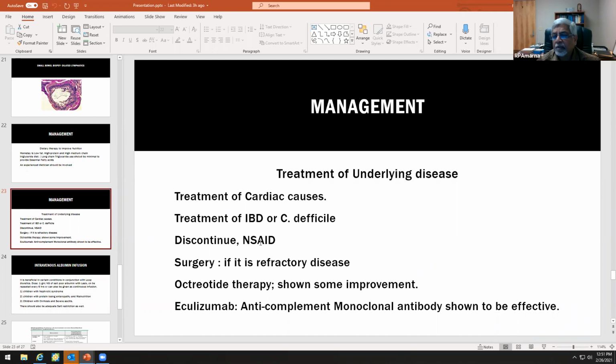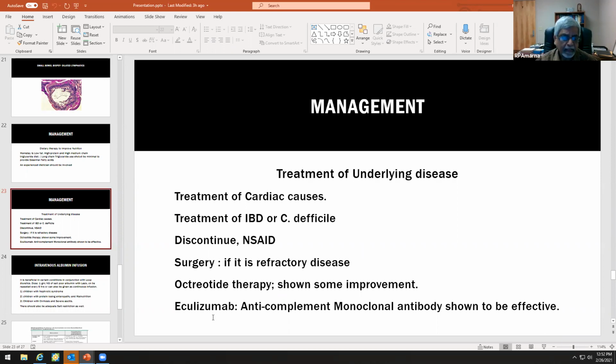octreotide, which is a somatostatin analog, does seem to reduce secretions and also reduce protein loss. That's one of the reasons why, if you guys remember, we are using this on this fellow with Menetrier disease, where the secretions will be reduced, and hopefully we won't have him coming in to the hospital that often.